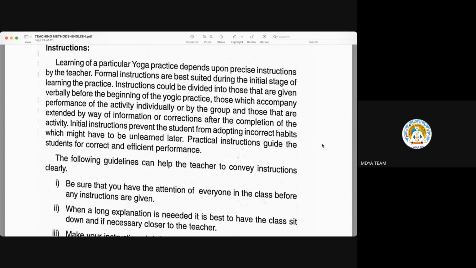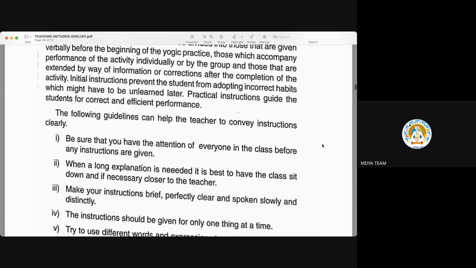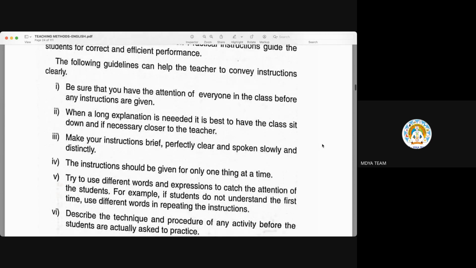Practical instructions guide the students for correct and efficient performance. The clearer your instructions are, the better the instructions can be followed by students, and that results in good practice.